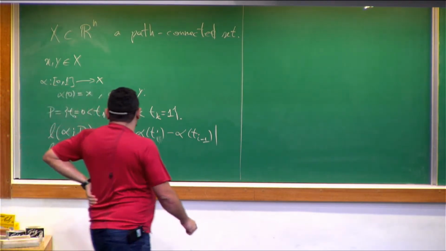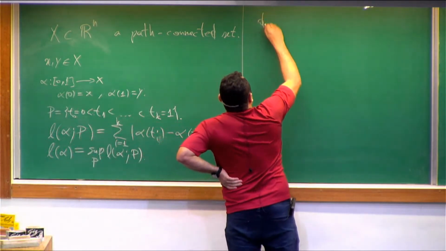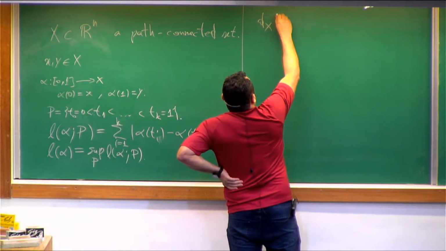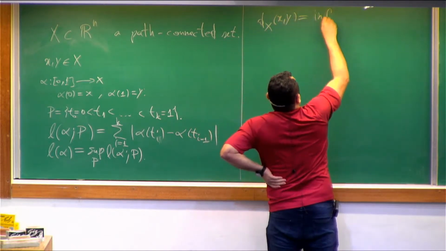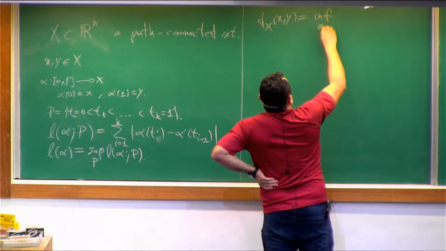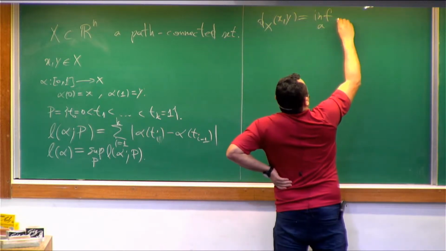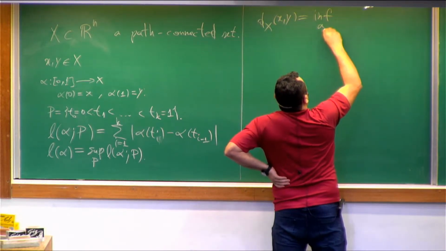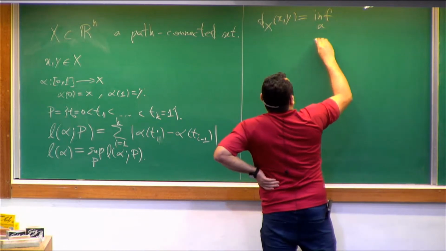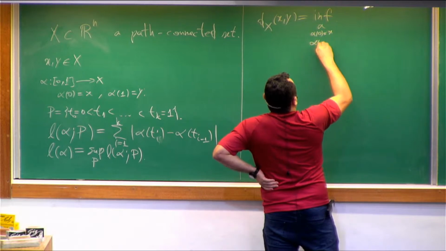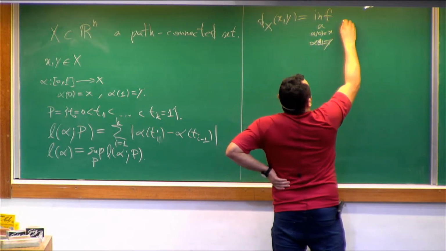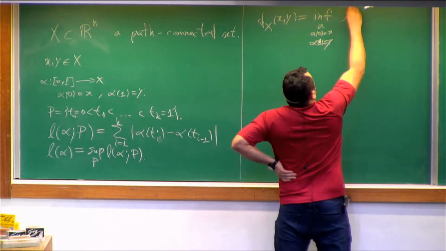And then we define the inner distance of X between two points to be the infimum of the length of alpha over all alpha connecting them, such that alpha(0) is x and alpha(1) is y.